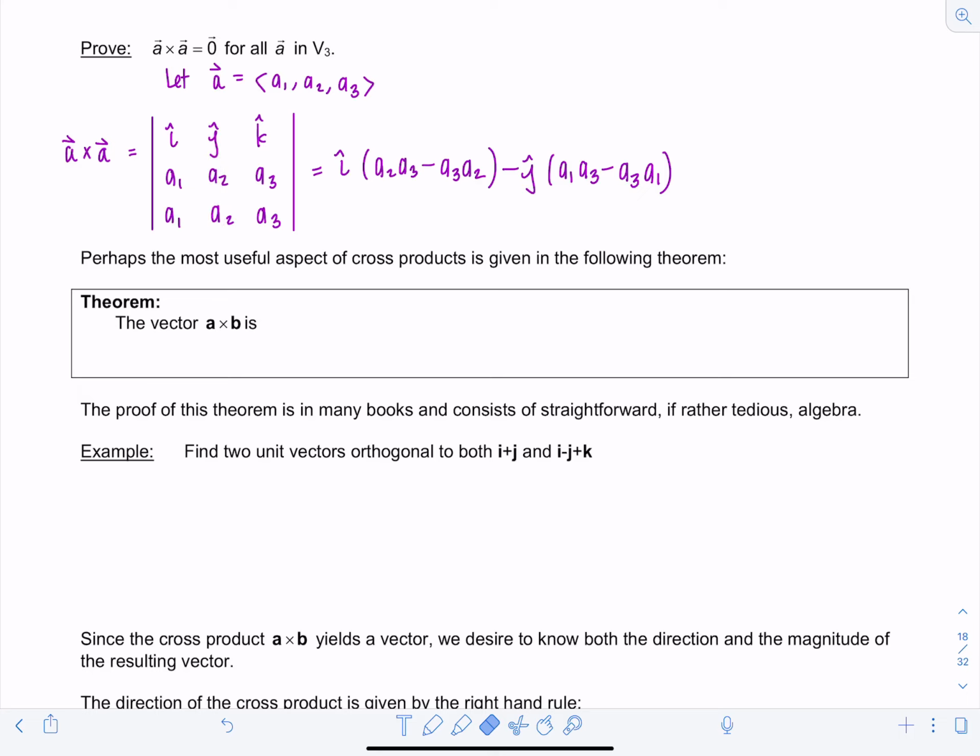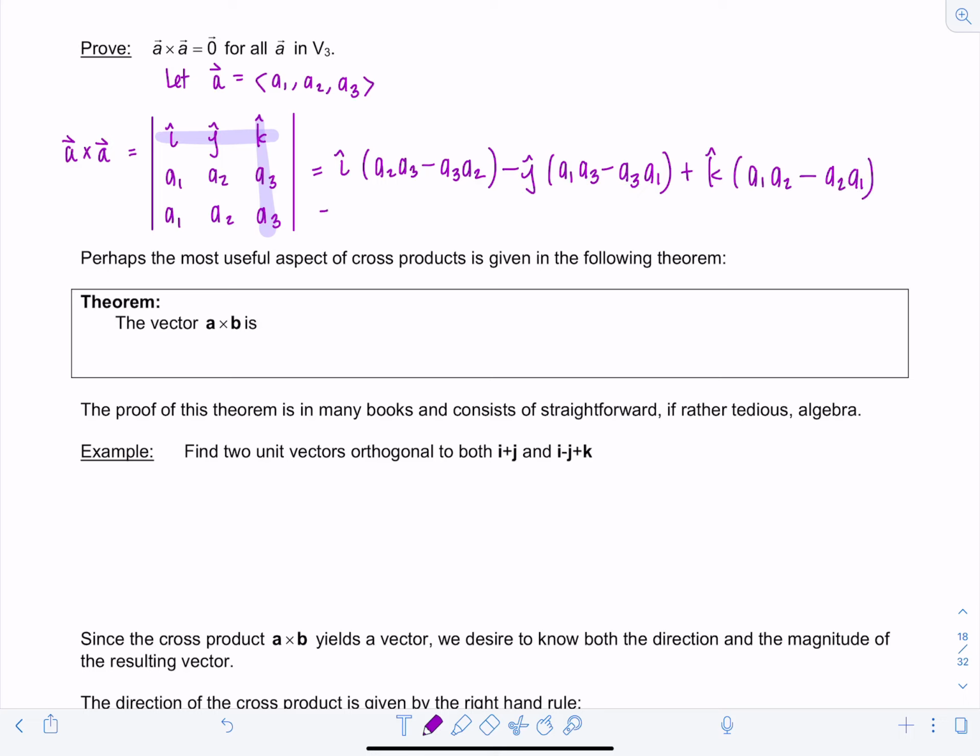And then lastly, we're going to have plus k hat times the determinant of the 2 by 2 that's left over, which is going to be a1 a2 minus a2 a1.